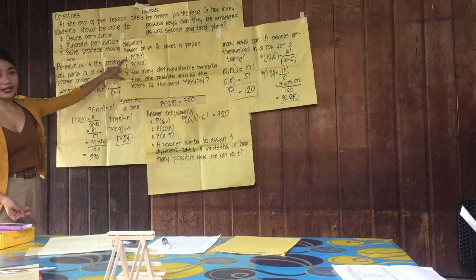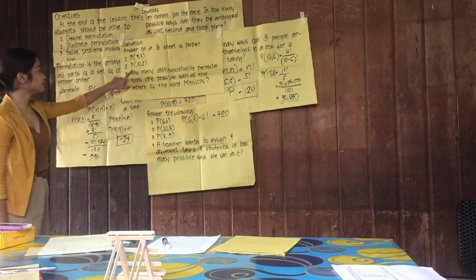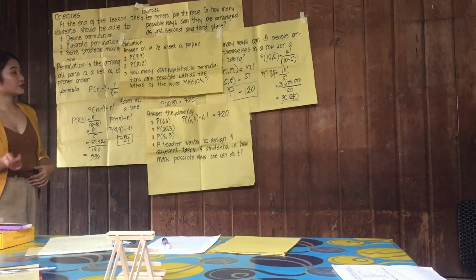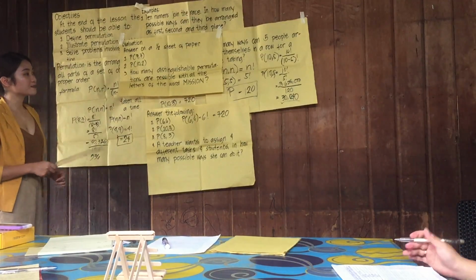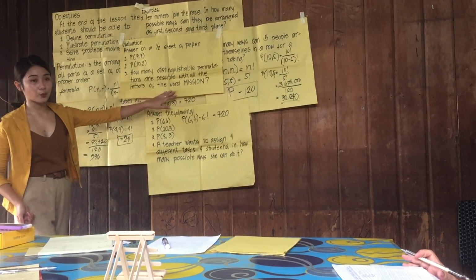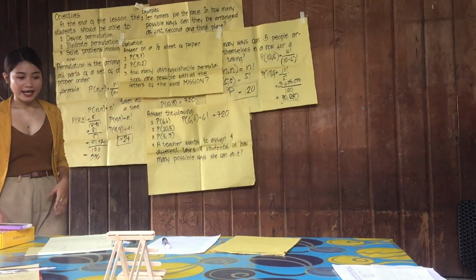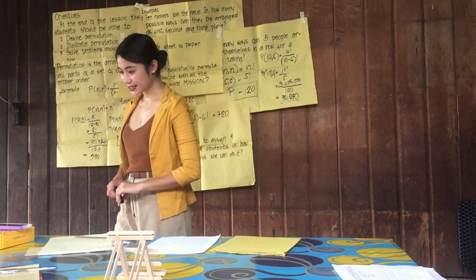Number 1, you only have 3 items. 7P7, 10P2, and then number 3, how many distinguishable permutations are possible with all the letters of the word mission? You answer this in 10 minutes. Okay. Starts now.